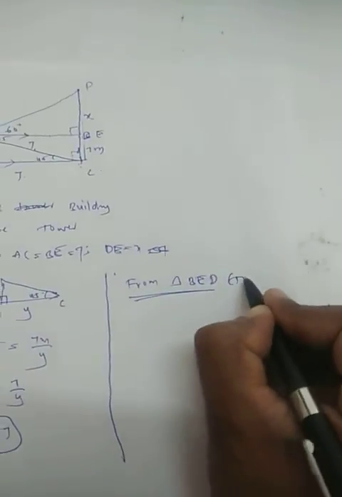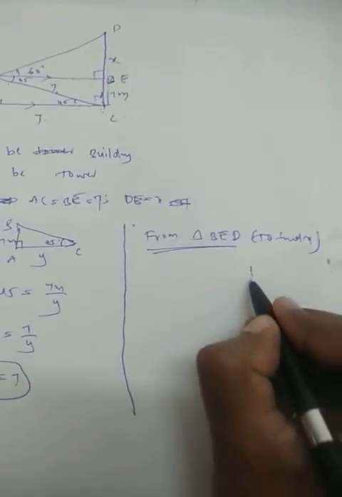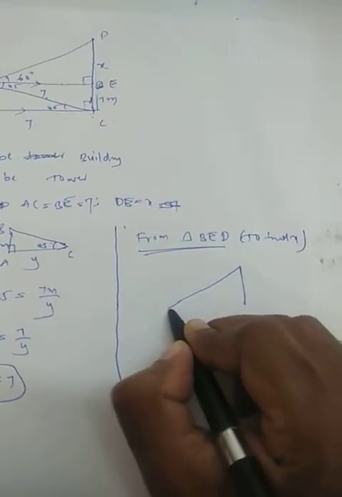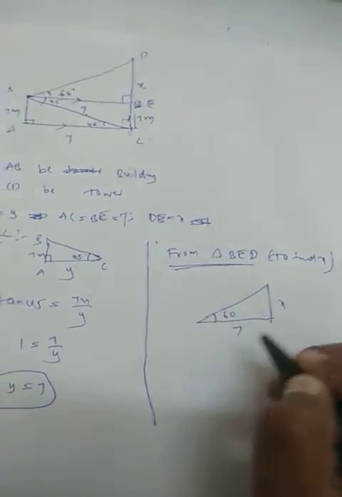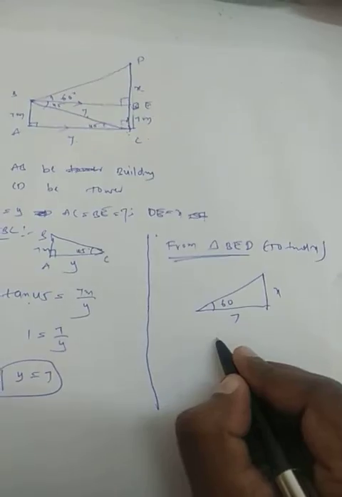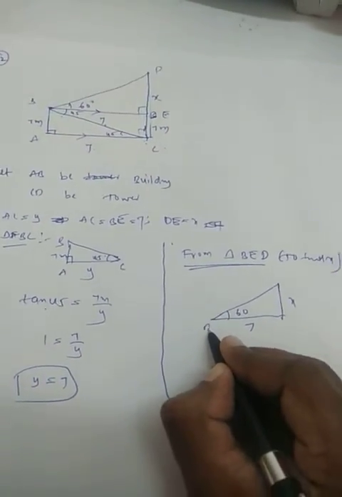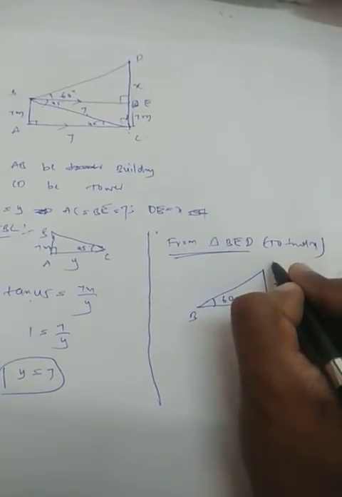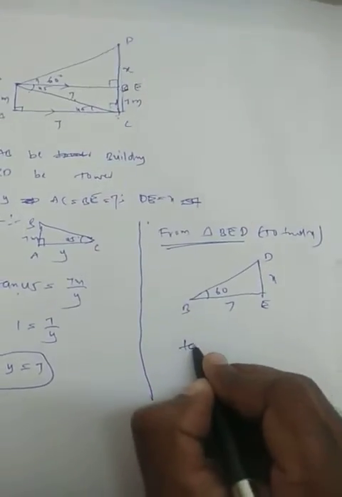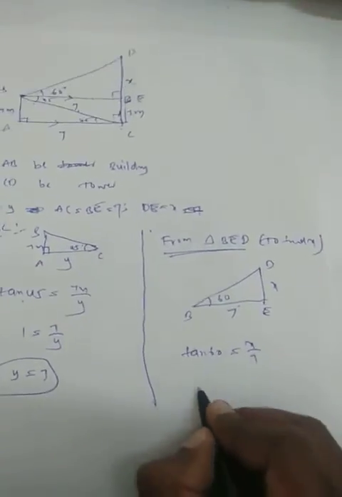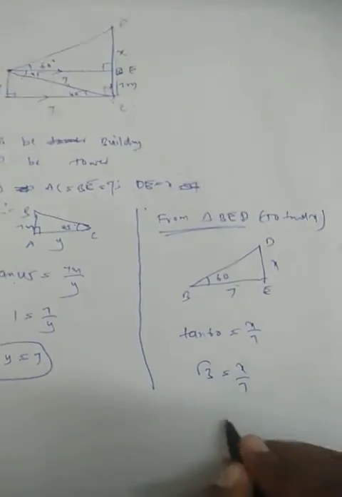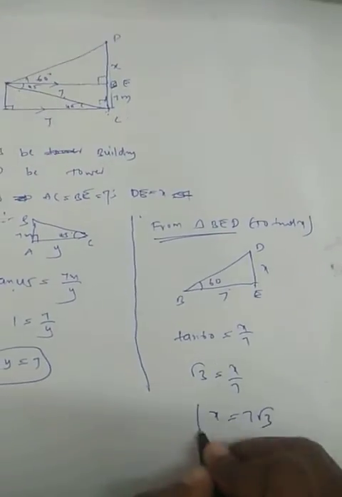Why? This is to find x. So this is the triangle actually: this angle is 60 degrees, this side is x, this side is 7. In triangle BED, tan 60 is equal to opposite by adjacent, that is x by 7. So tan 60 is root 3, that is x by 7. x is equal to 7 into root 3.